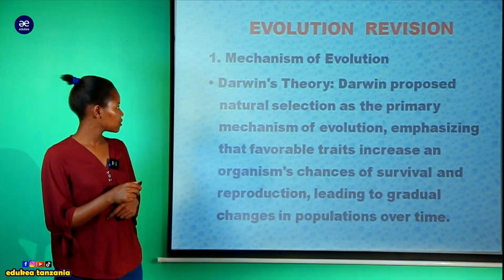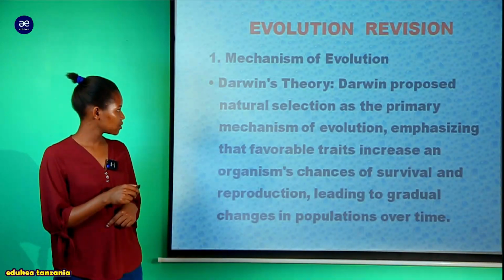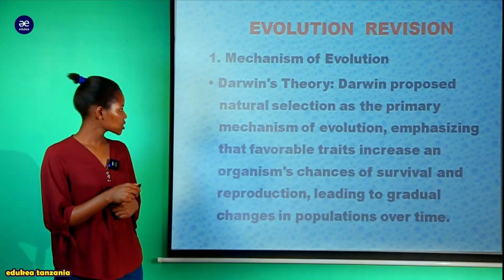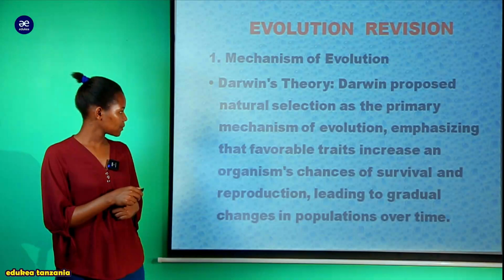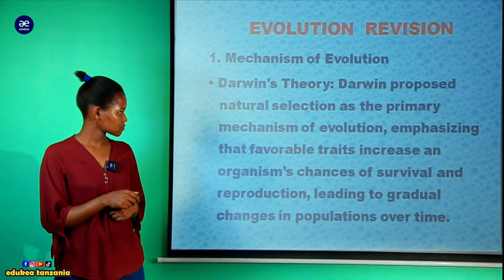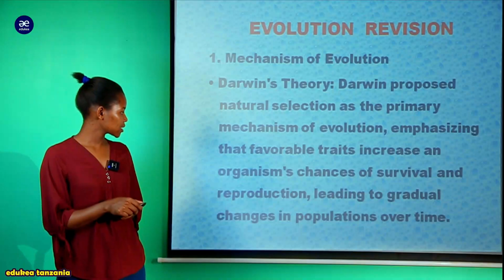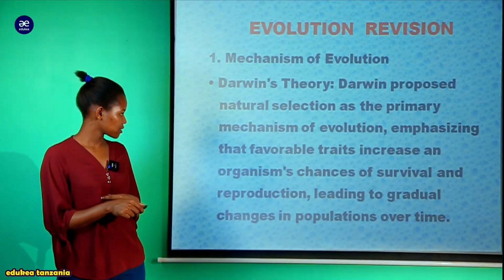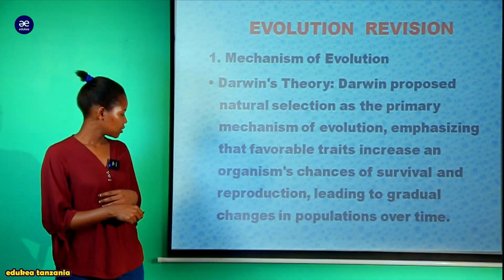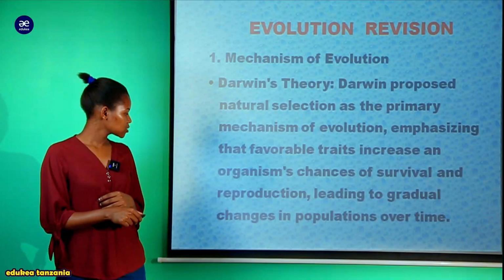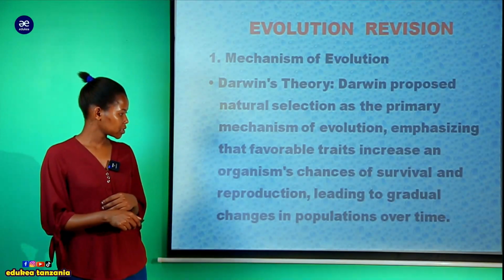On mechanism of evolution, Darwin's theory, Darwin proposed natural selection as the primary mechanism of evolution, emphasizing that favorable traits increase an organism's chance of survival and reproduction, leading to gradual changes in populations over time.